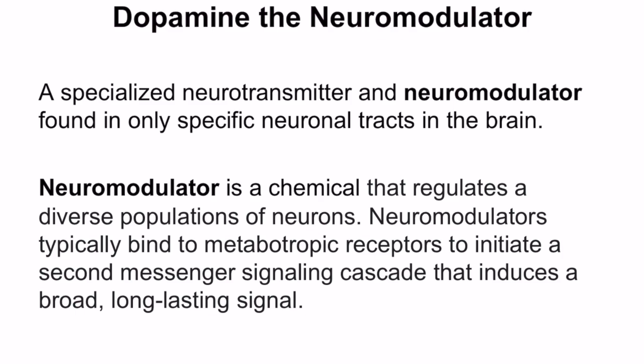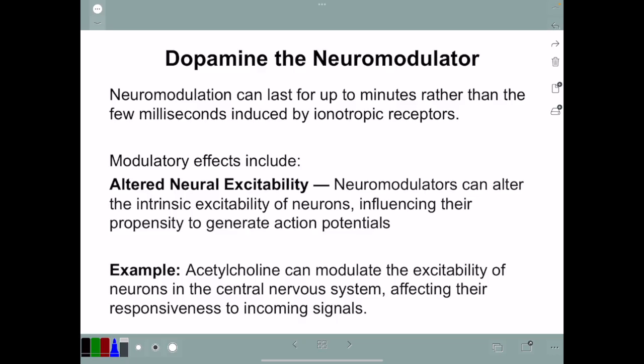So let's talk about specific examples of neuromodulation, of which there are many. As we go through this list, I have on the slides dopamine, the neuromodulator, right? But in fact, we will be going over examples that aren't dopamine.